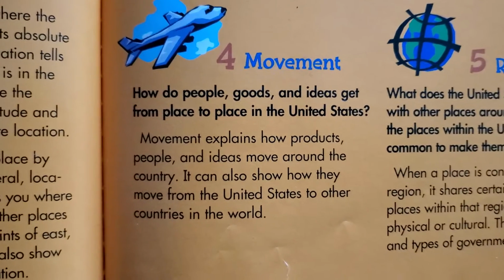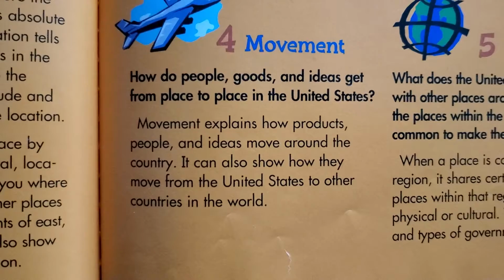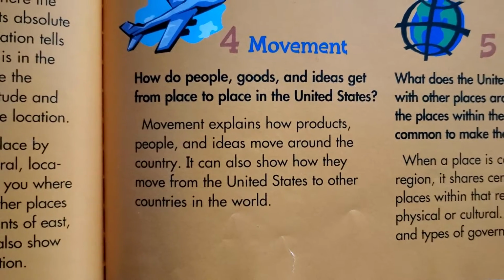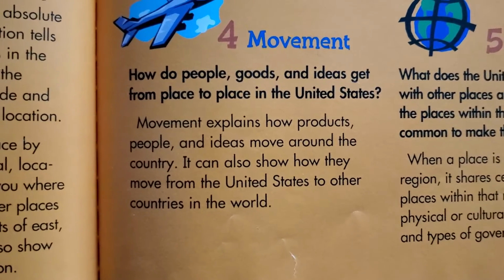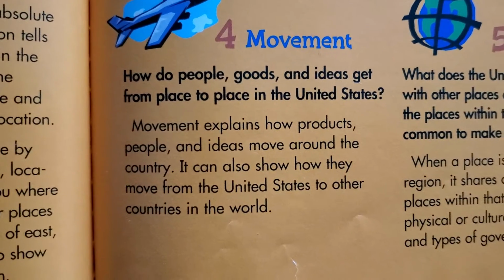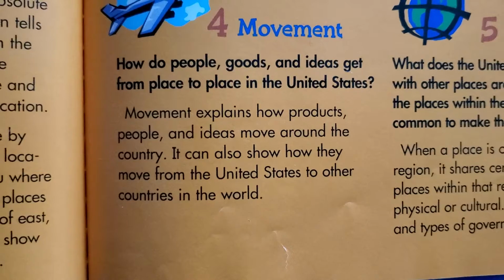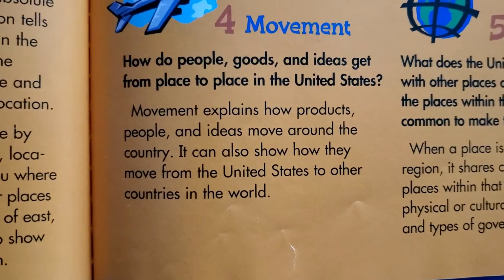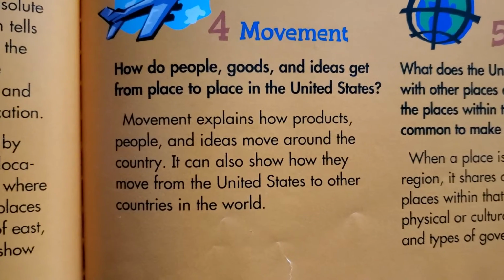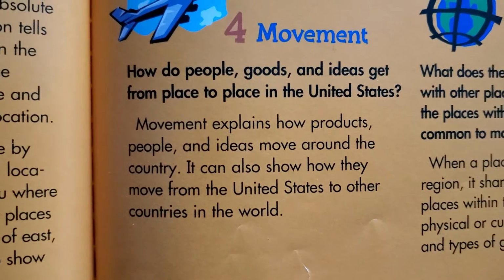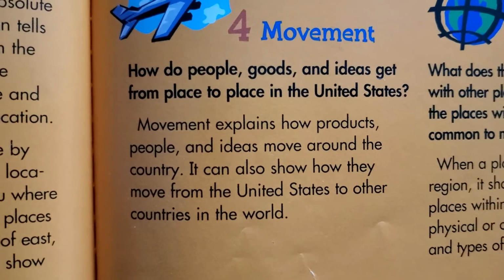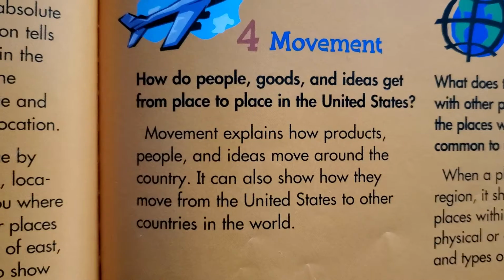Number 4 is movement. How do people, goods, and ideas get from place to place in the United States? Movement explains how products, people, and ideas move around the country. It can also show how they move from the United States to other countries in the world. So, one of the ways that things get around here is with a train. There's a train that goes through Waterman.